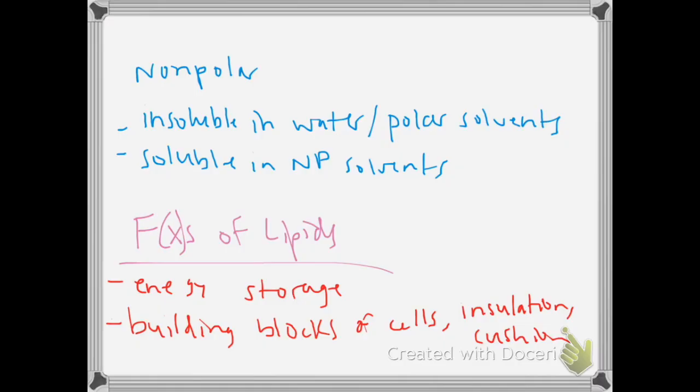Alright, we want to break down the different types of lipids now. The first thing that we're going to do is go through neutral fats. Neutral fats are also called triglycerides. Let's look at the different types of triglycerides.